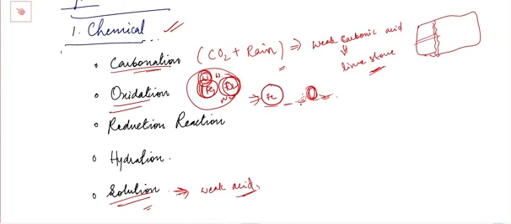So this is what oxidation is: when iron is exposed to oxygen, an oxidation reaction takes place. These are chemistry terms, so we need not concentrate much on them. We just need to understand what is happening here. So don't bother about the chemical reactions.